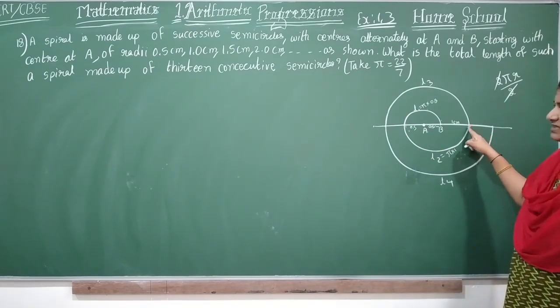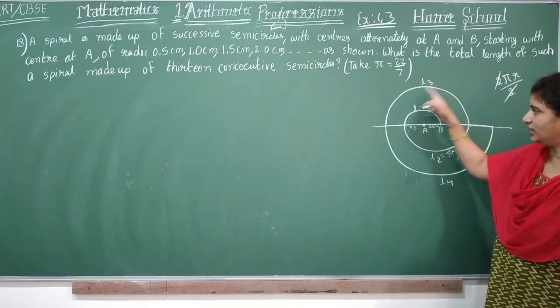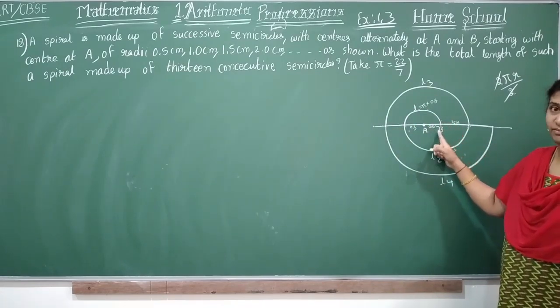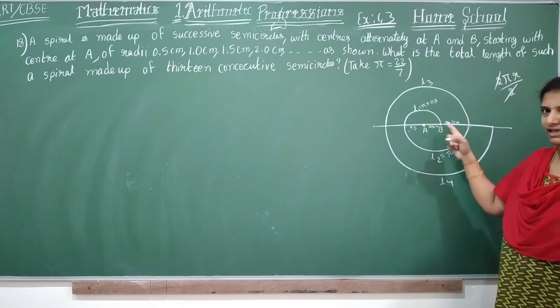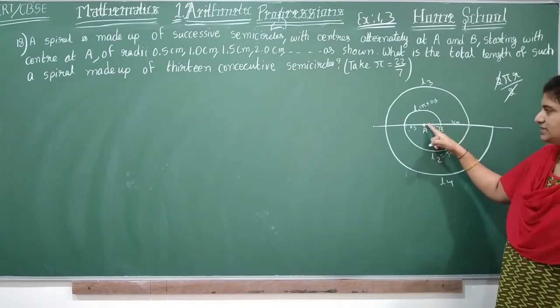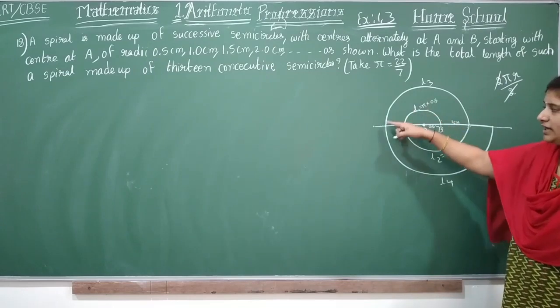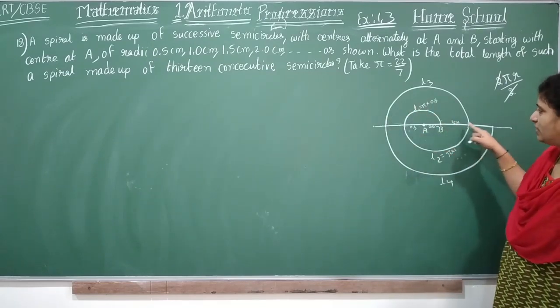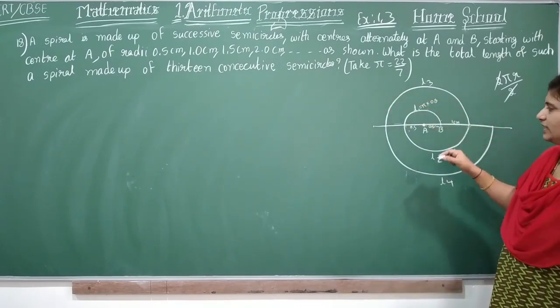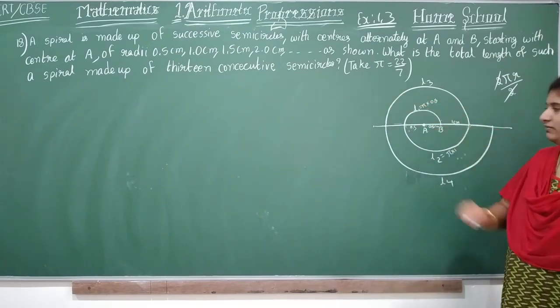Now again, what is the center? From here to here, it made a semicircle. Your center will be shifting. First A, second B. Now again A is the center. What is this length here, children? From here to here, it is 1, so it will be 1.5.